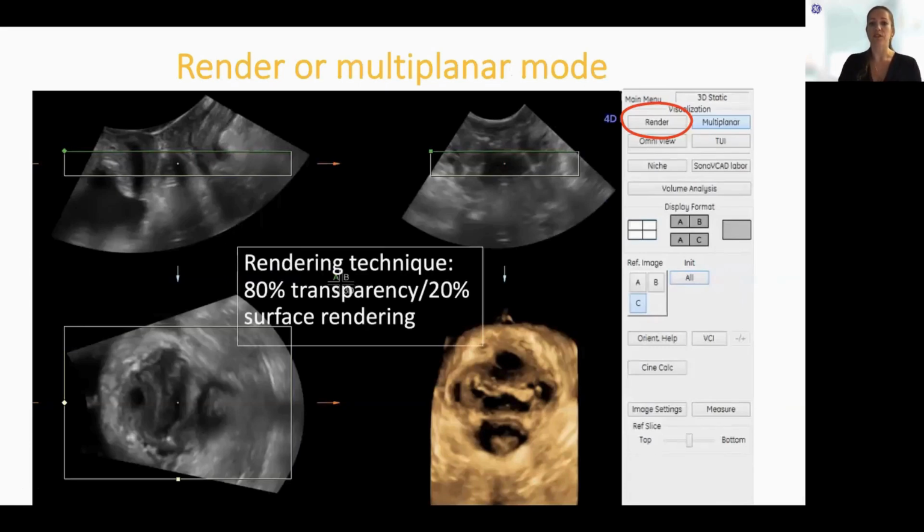It is very important that we adjust these settings, and for rendering, it is recommended to use 80% transparency and 20% surface rendering. And then we see the rendered coronal view, where we can see the urethra here, the vagina, and the anus, and here we can see the puborectal muscle around, and this is the ramus pubis inferior here.